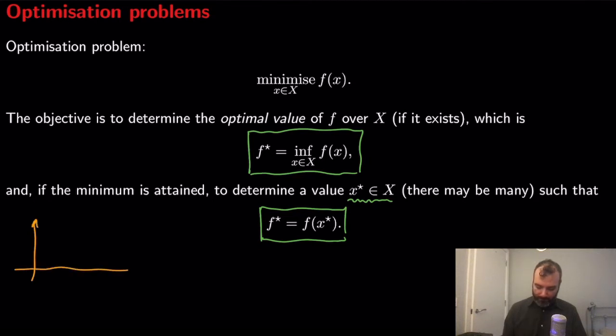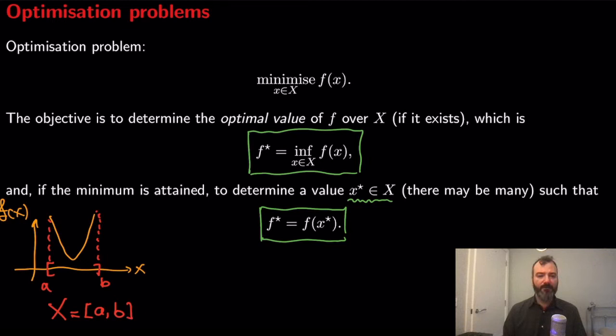Say that my function f of x looks like this. This is x, this is f of x. Say that you have some constraints, that x is from this point A to this point B. So this is your function f, and x must be constrained inside the set from A to B. Here, for simplicity, I'm taking little x to be a number, not a vector, just a number.